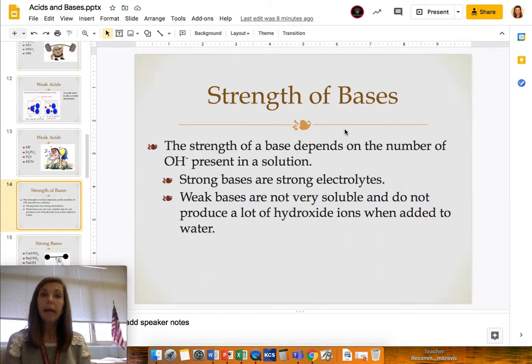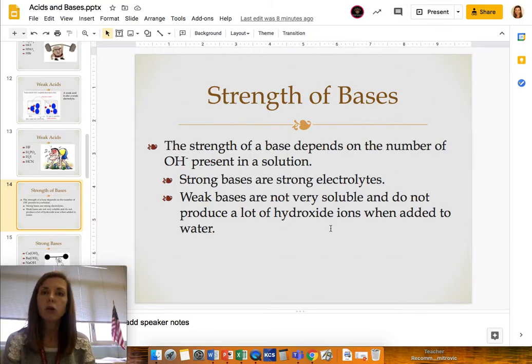The strengths of bases are similar to that of acids. Again, concentration is going to have a huge part in that strength, but also strong bases are strong electrolytes. Weak bases are not strong electrolytes, just like weak acids are not strong electrolytes. And they don't produce a lot of hydroxide ions, just a little bit, right?